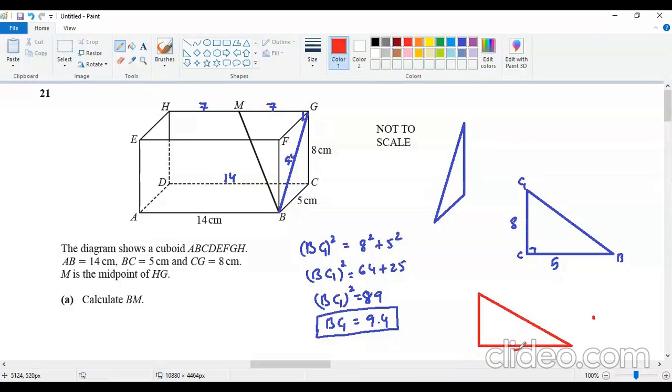MG is 7. This we have found out already. BM, B is at the base, as M is staying at 7. So this is going to be 7. Now we find out this one is 9.4.